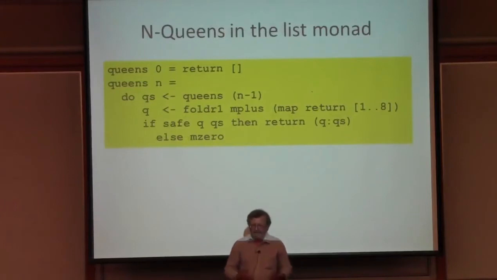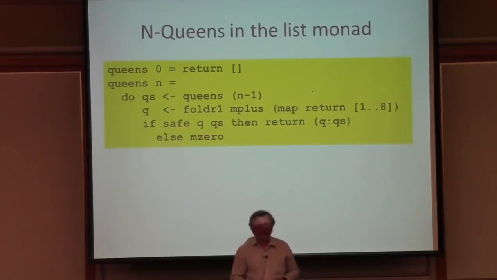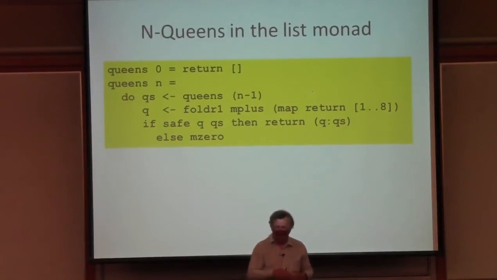Okay, so I claim that lists are good for backtracking. Let's take a typical backtracking algorithm and see what it looks like expressed using the list monad. So here is a solution to the n queens problem. Everybody's familiar with n queens, I'm sure. The problem is to place n queens on a chessboard so that no queen threatens another one.